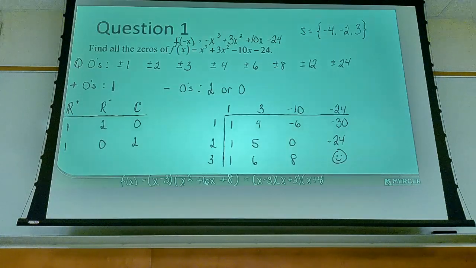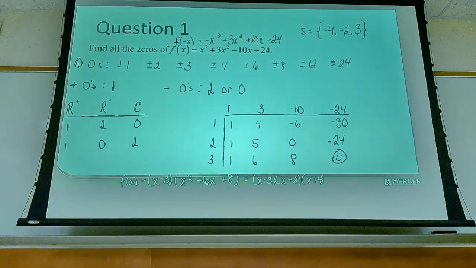There's our solution set. So the rule, it has to be minus 3. Why don't you just put x plus 3, x minus 2, x minus 3 at the end? Because remember, it's x minus k.